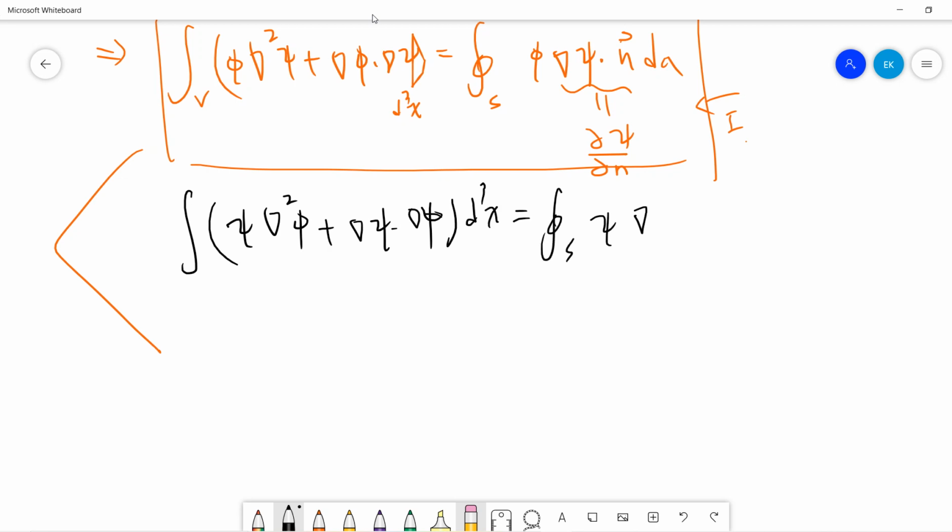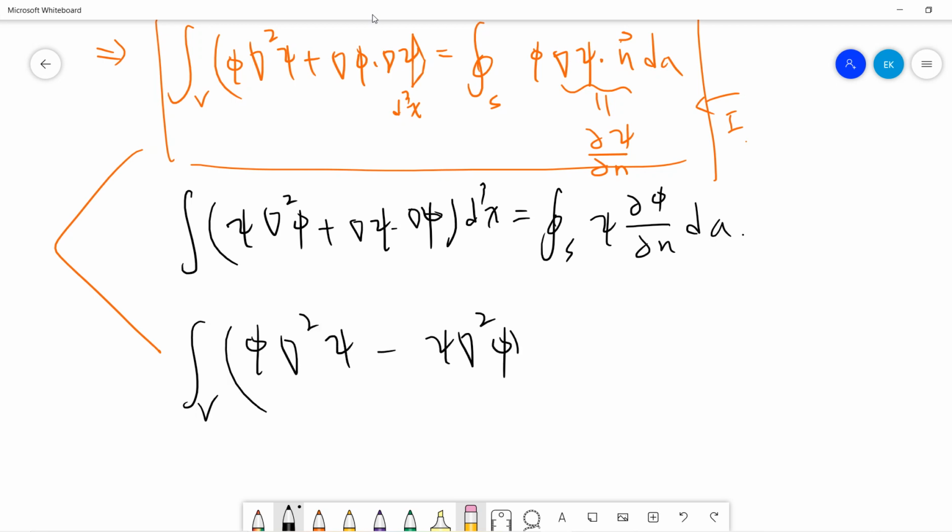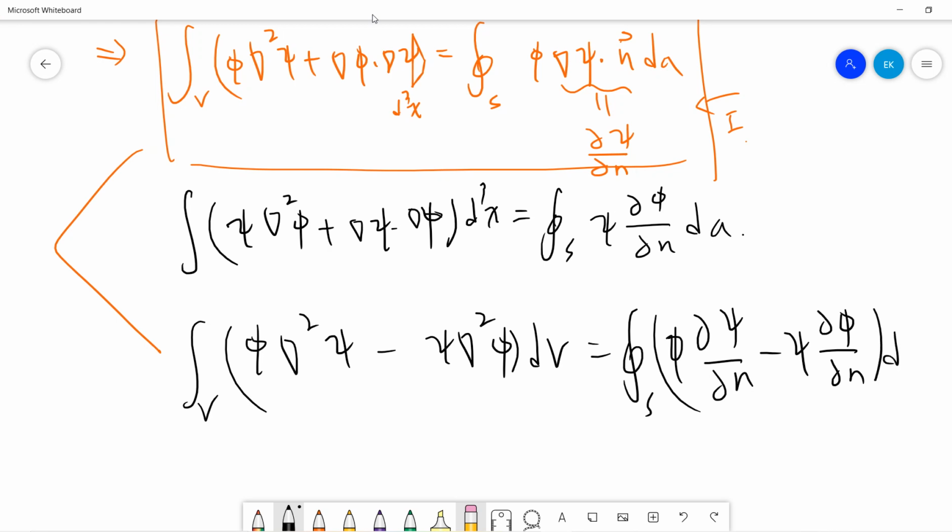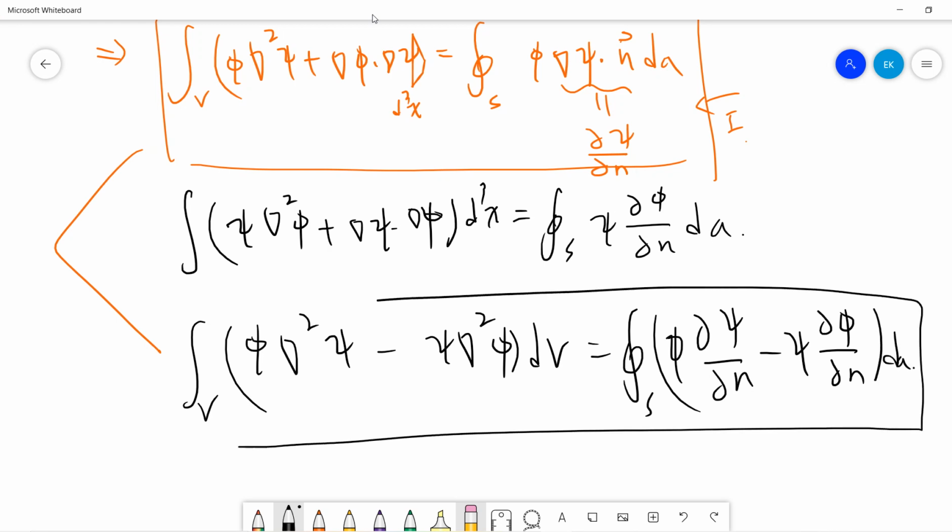So you get psi partial phi partial n dA, and you subtract this equation from the first one. Then you get our second Green's identity: the volume integral of phi Laplace psi minus psi Laplace phi dV equals the surface integral of phi partial psi partial n minus psi partial phi partial n dA. So this is the second Green's identity.